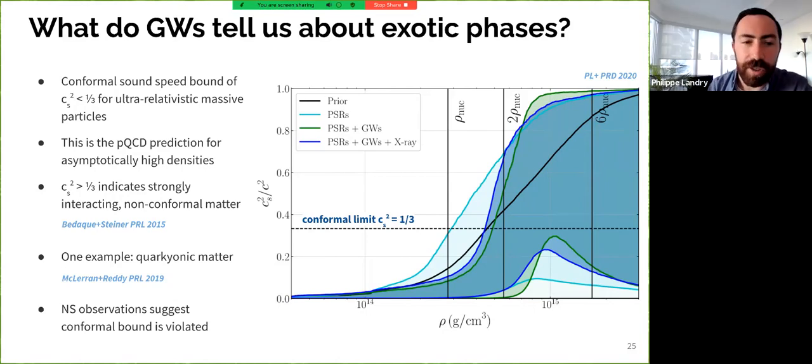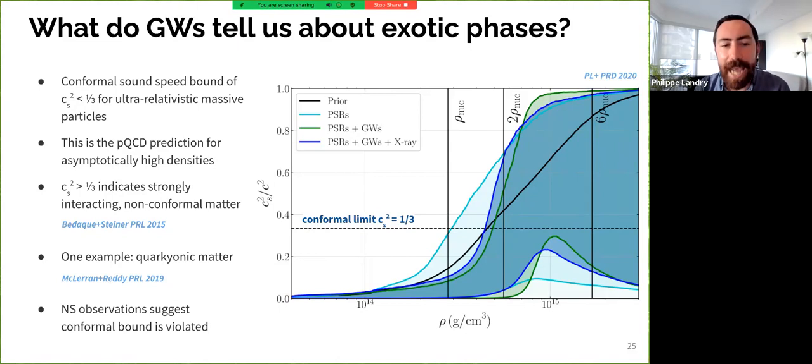There's this conjecture from perturbative QCD calculations that neutron star matter at the very highest densities should asymptote to a sound speed squared of 1/3. This is the prediction for non-interacting ultra-relativistic massless particles, which we expect to be true in the really asymptotically high density limit, well beyond neutron stars.